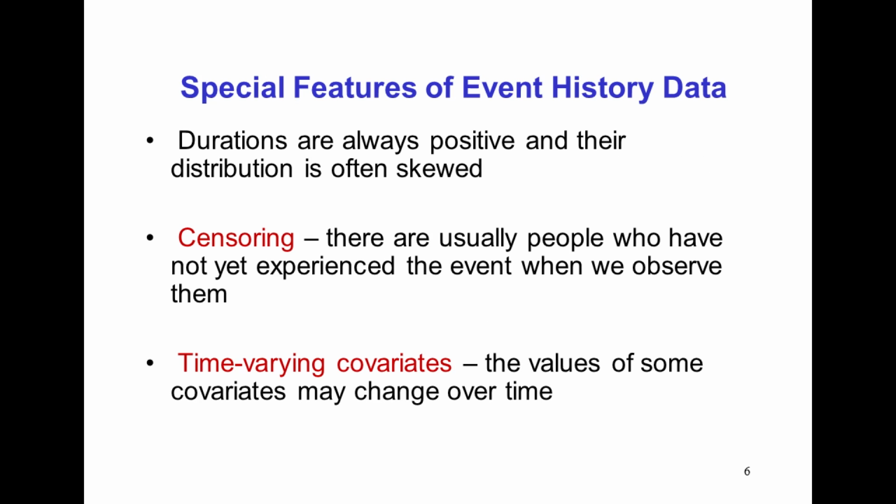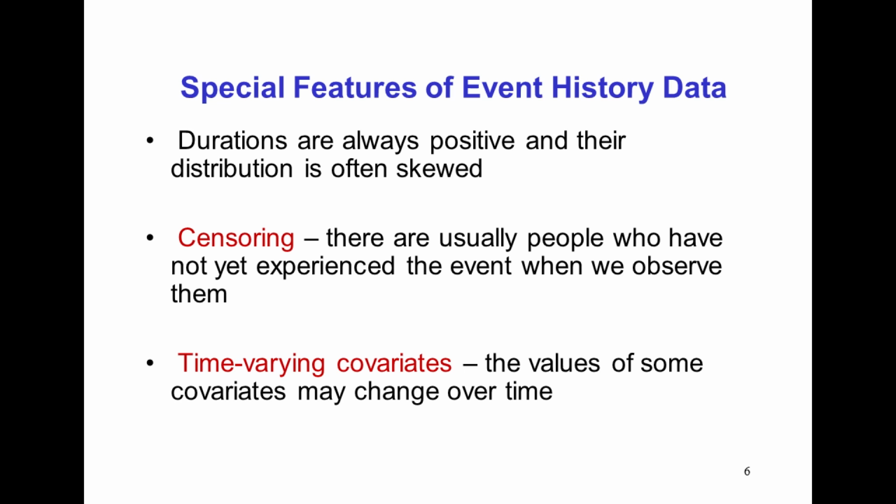All right, so special features of these data. Why do we need to use special techniques to analyse them rather than just standard regression methods? There are three main reasons, although the second two of these that I've highlighted in red are the most important ones. One point is that durations have got to be positive, and they also tend to be skewed to the right.